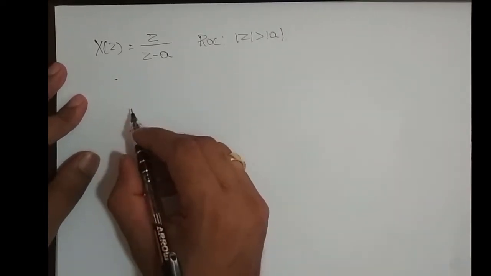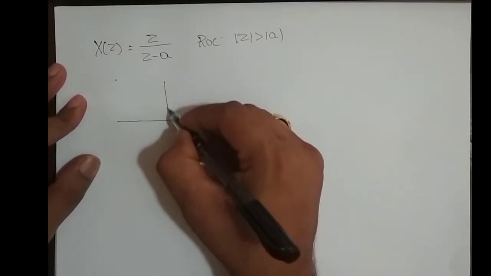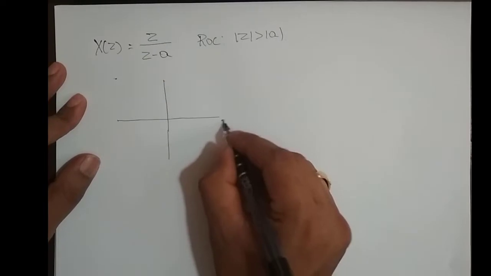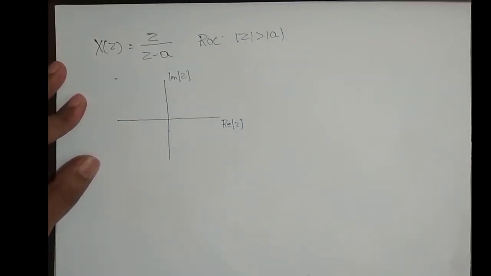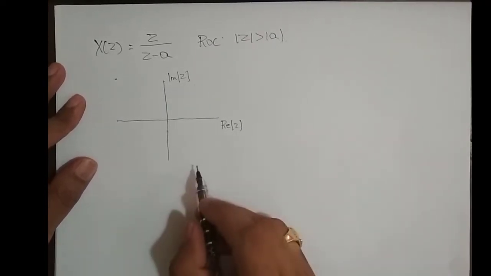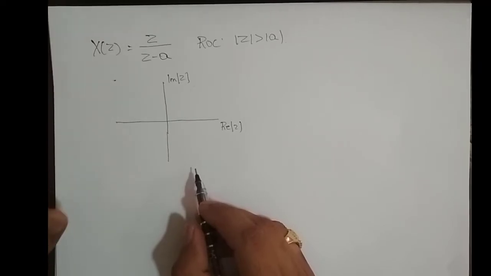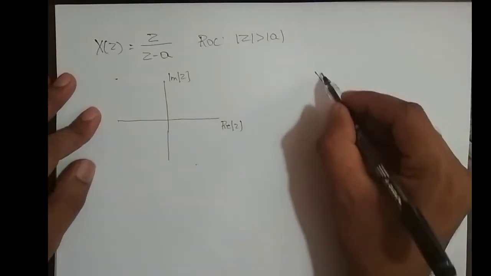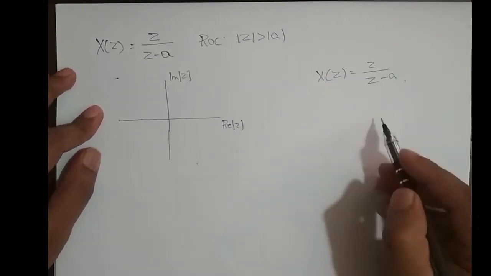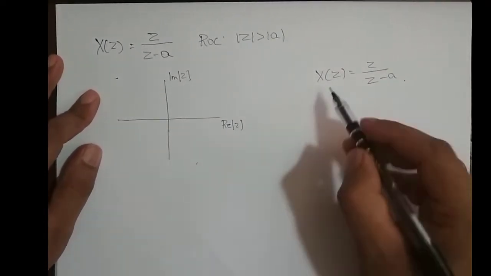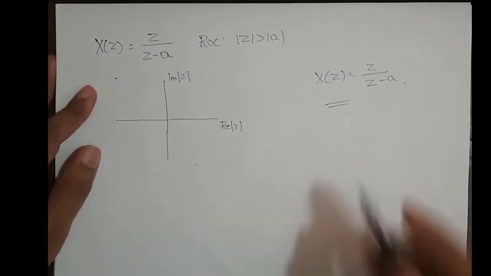When I take it to the z plane, this is the real part of z, this is the imaginary part of z. Whenever the sequence is infinite length, I will have a circle in the z plane. Before that, let me write this again: X of z is equal to z divided by z minus a. How many poles and how many zeros are there in this equation?